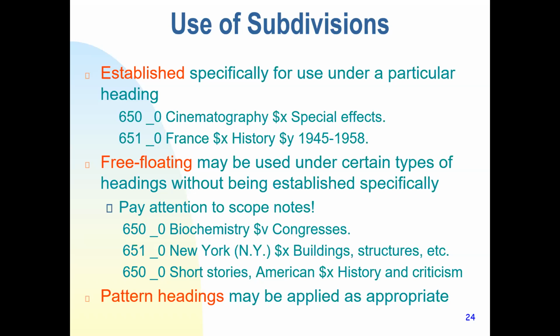But there's a lot of free floating subdivisions like fiction and juvenile literature, juvenile fiction that you can use after about everything. So again, you do have to look at the scope notes in the subdivision record to see when you can use it and how you can use it. And we'll look at some resources later to help you with those.